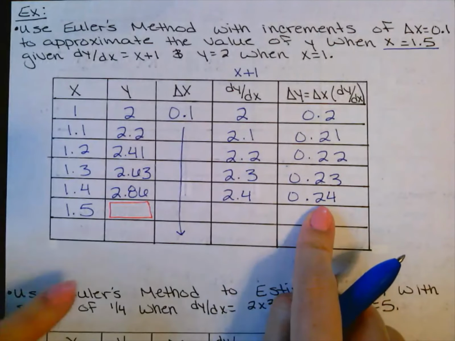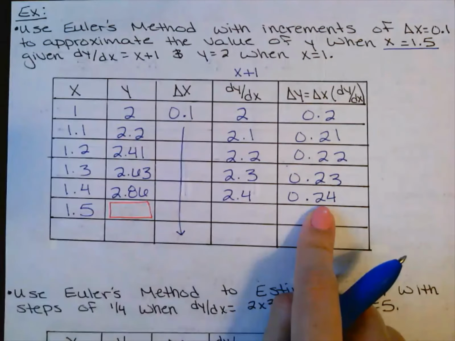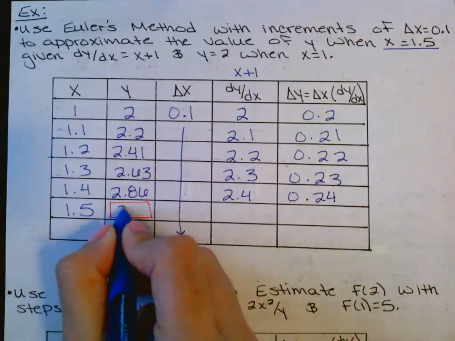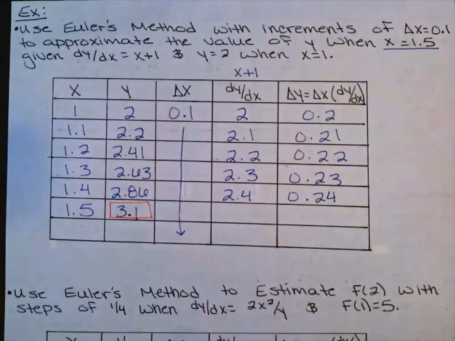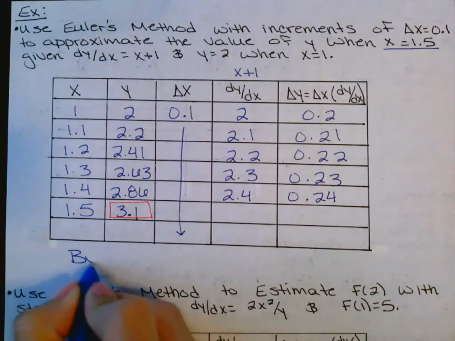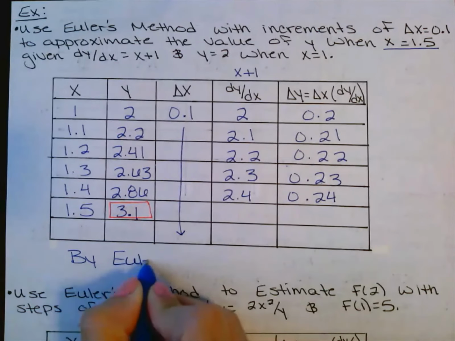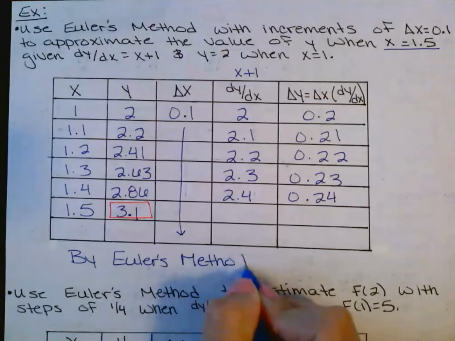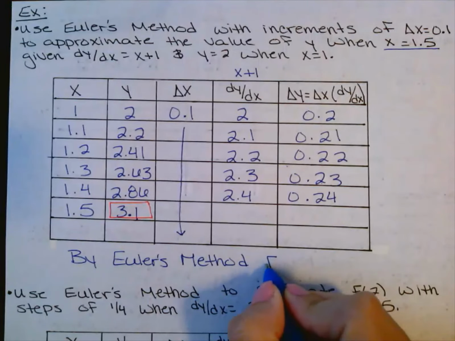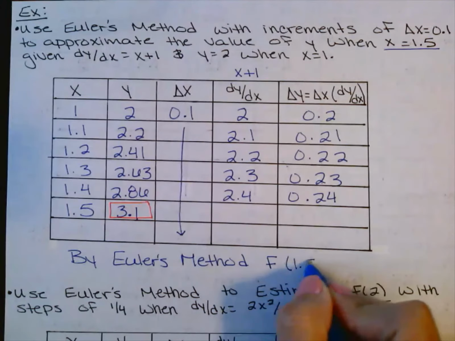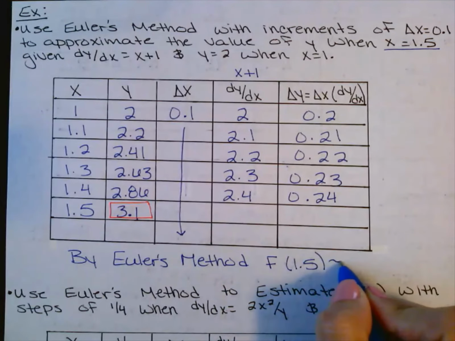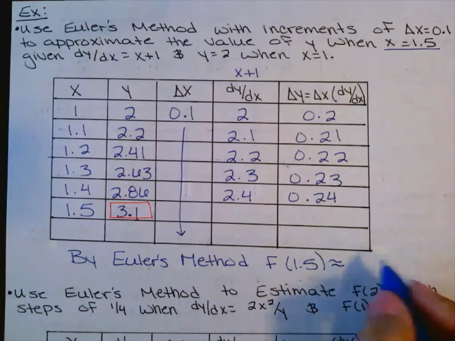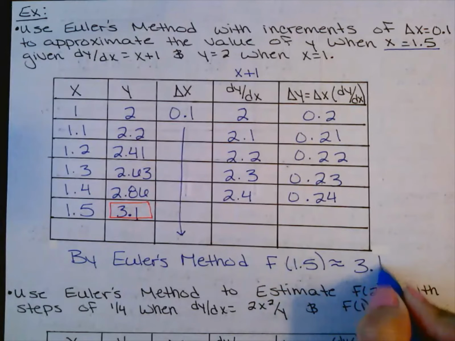And now my change in y added to the previous y, and I end up with 3.1. So I can say that by Euler's, f of 1.5 is approximately, because remember we're using this as an estimation, 3.1.